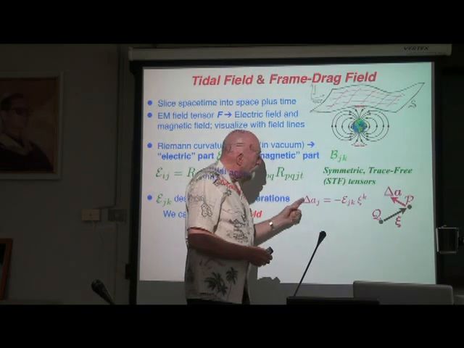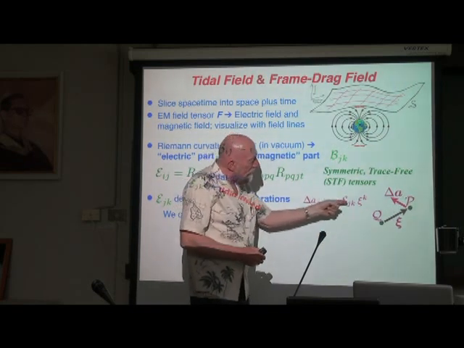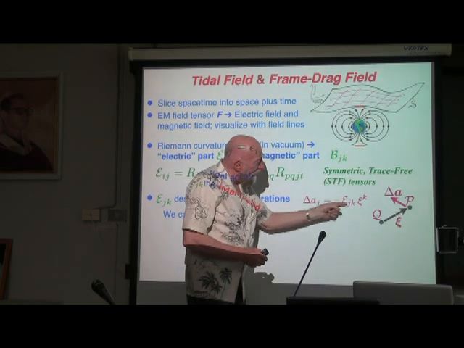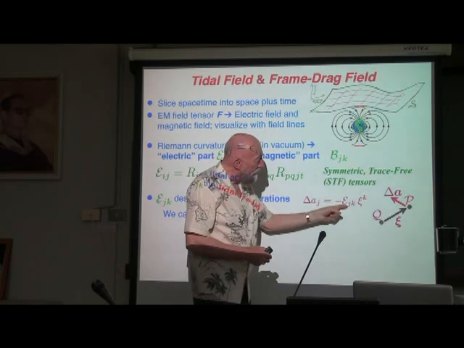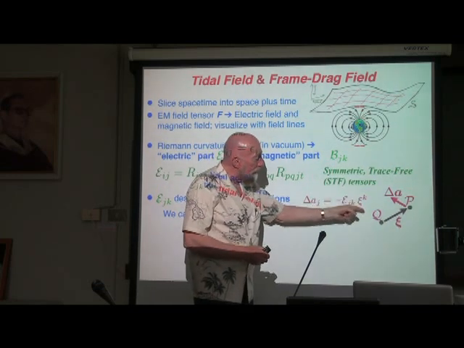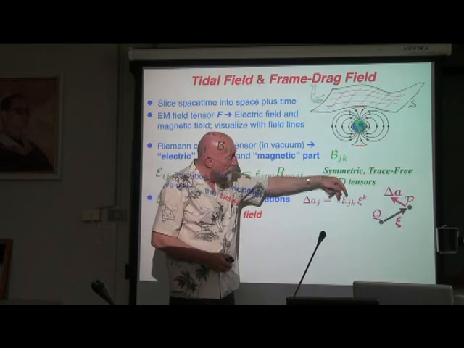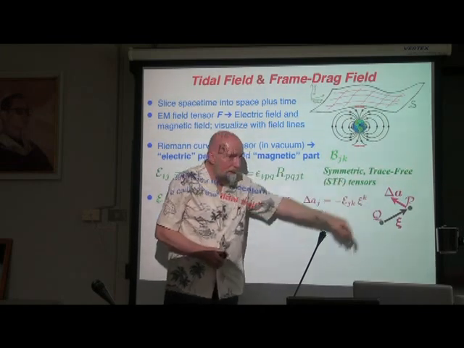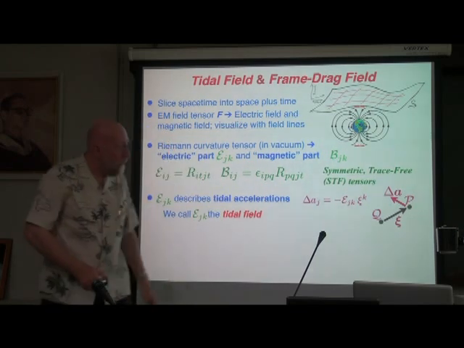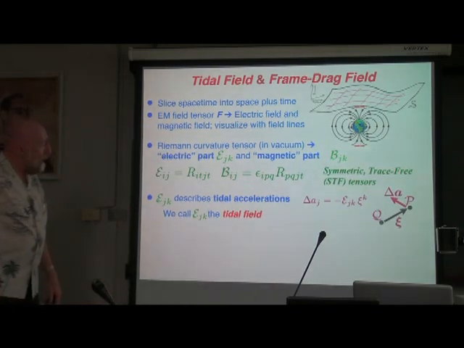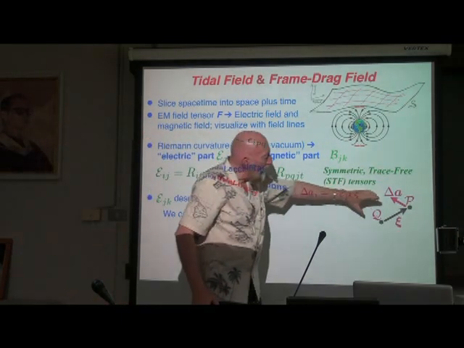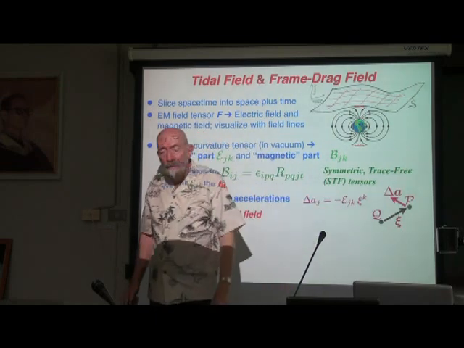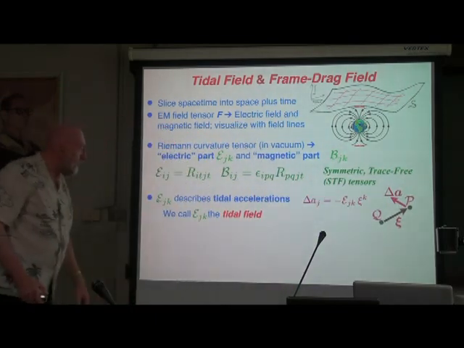And that relative acceleration is minus this electric part of the Riemann tensor contracted into the separation vector. Or think of this as a matrix multiplied by the separation vector. And so, because this produces the relative acceleration of particles, we call this the tidal field.